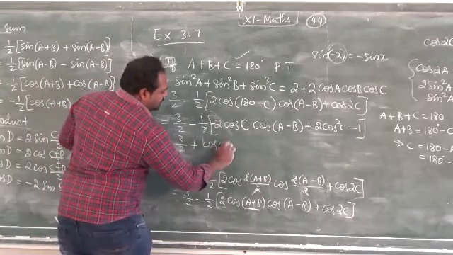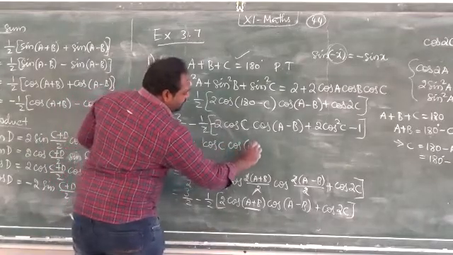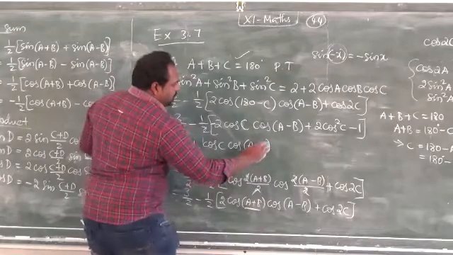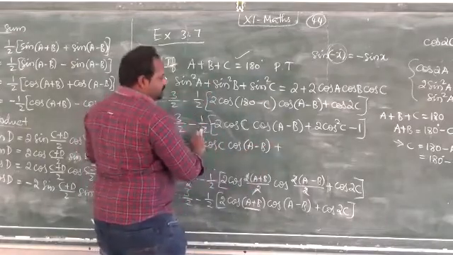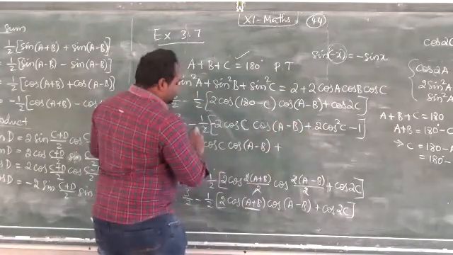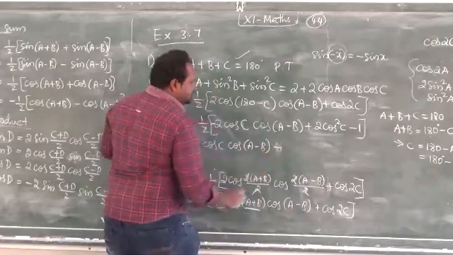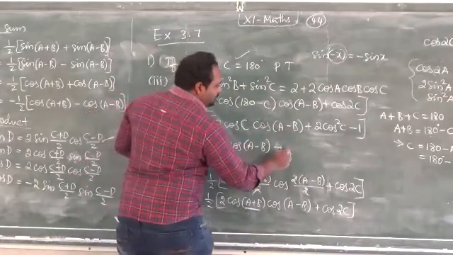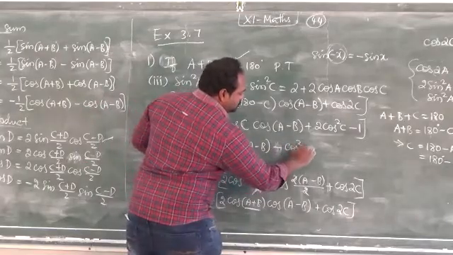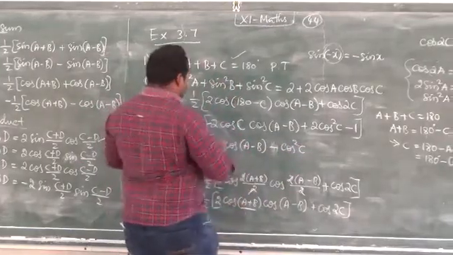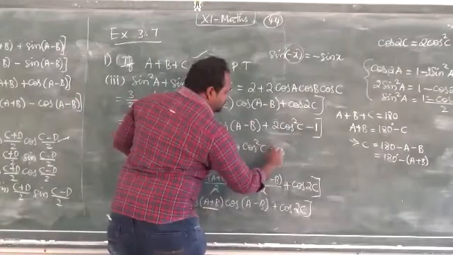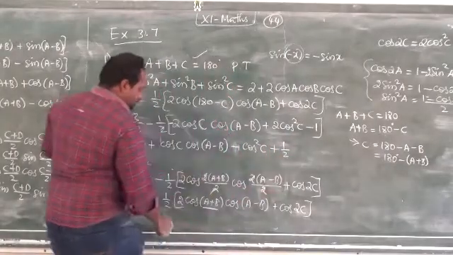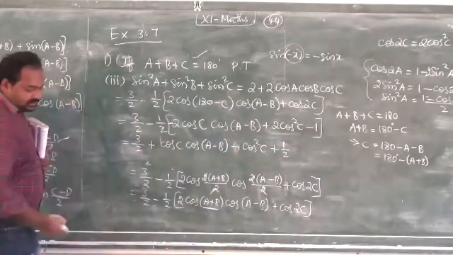It is cos c, cos of (a minus b), plus minus 1 by 2 into 2, minus into plus is minus, 1 by 2 into 2 will be cancelled, only cos square c will remain, and minus into minus gives plus 1 by 2, plus 1 by 2.